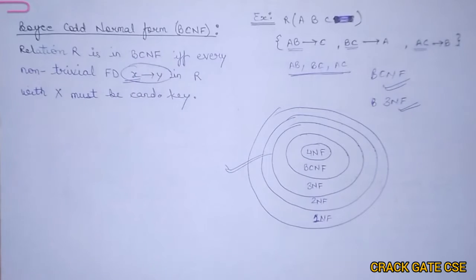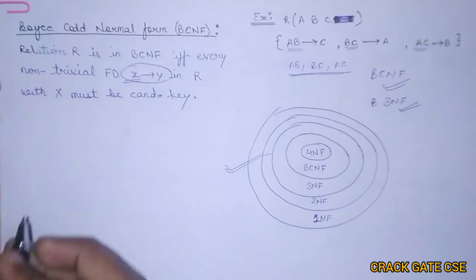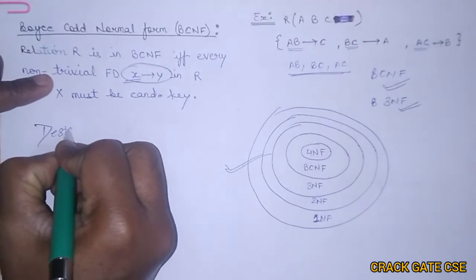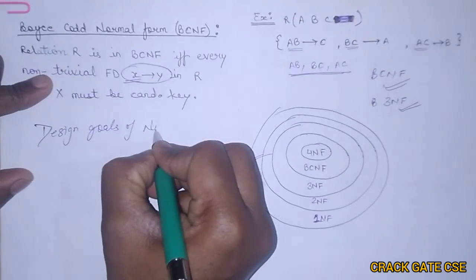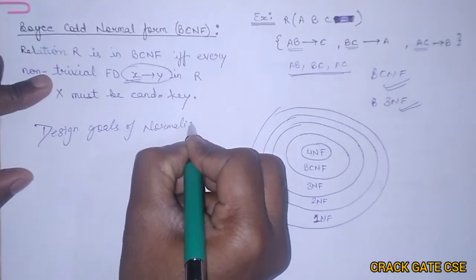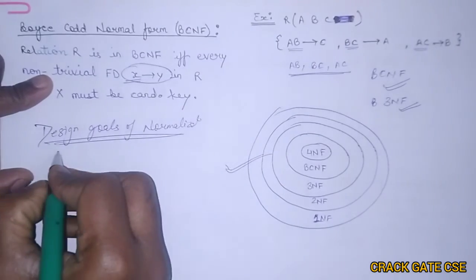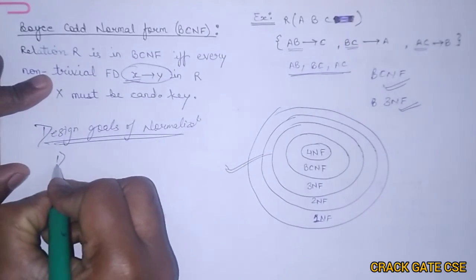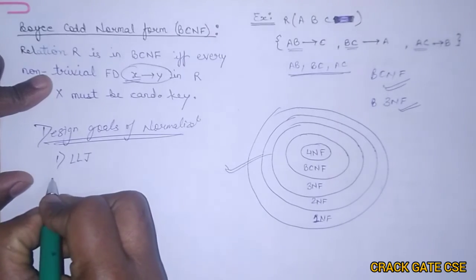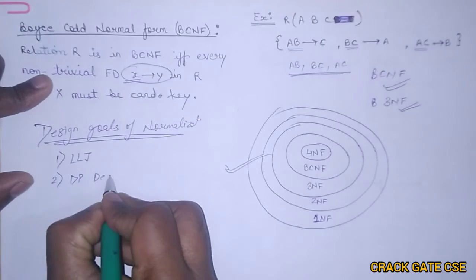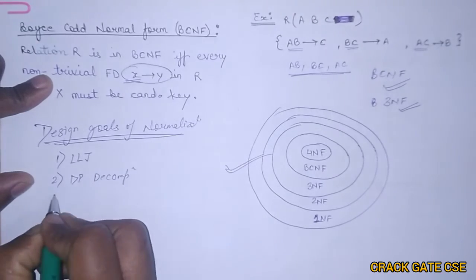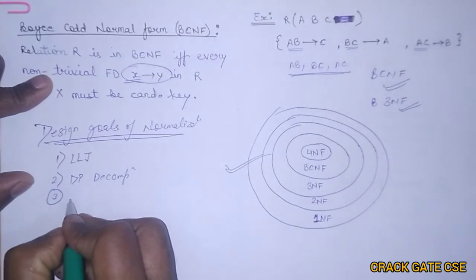One more thing is that if we try to find out the design goals. So first of all, what are the design goals? Design goals of normalization. So there are three design goals of normalization. First is lossless join decomposition. Second is dependency preserving decomposition, and third one is redundancy.